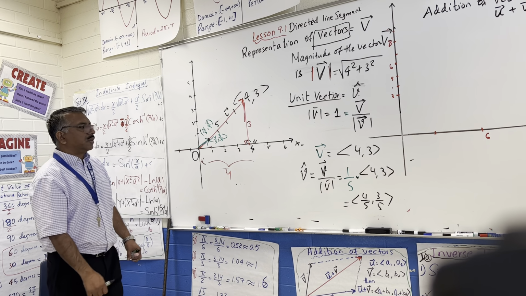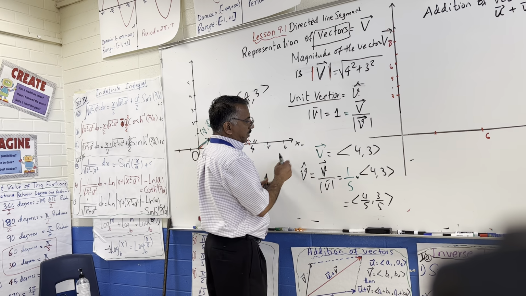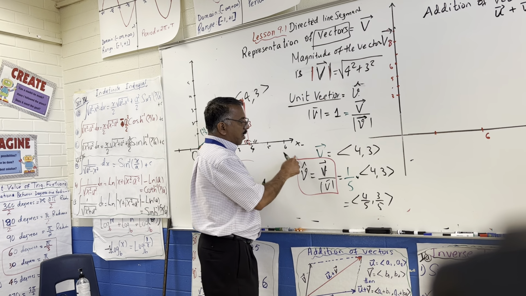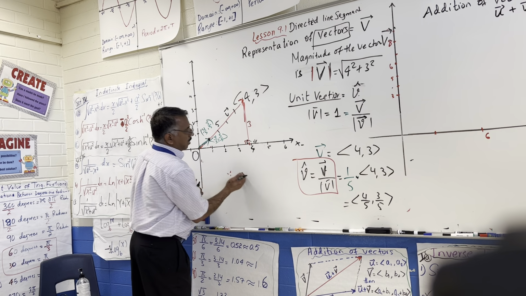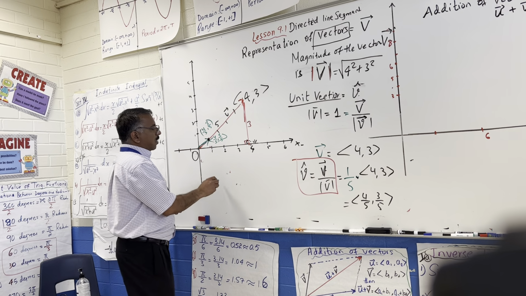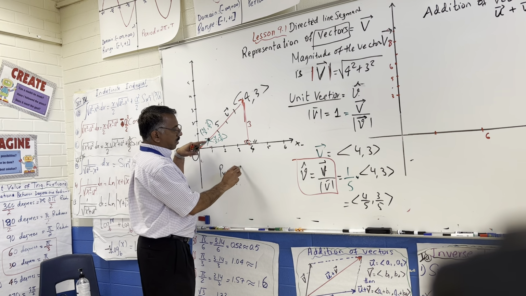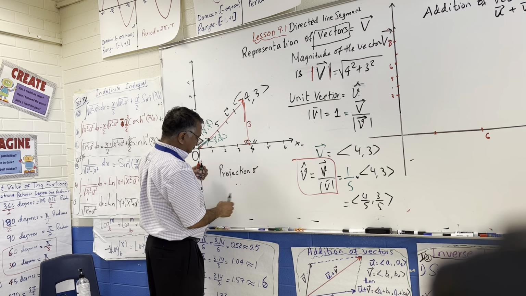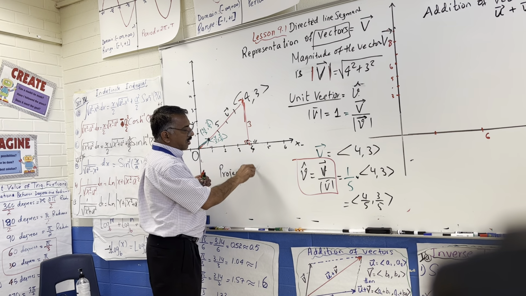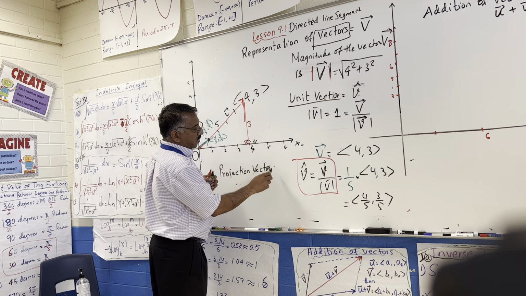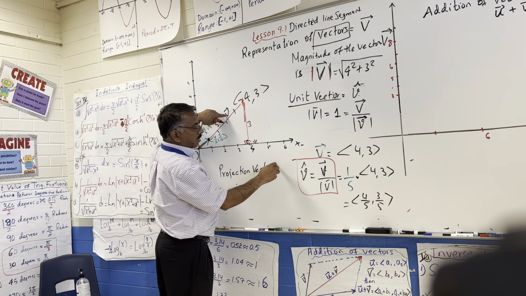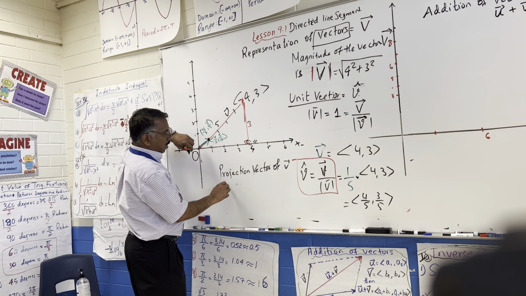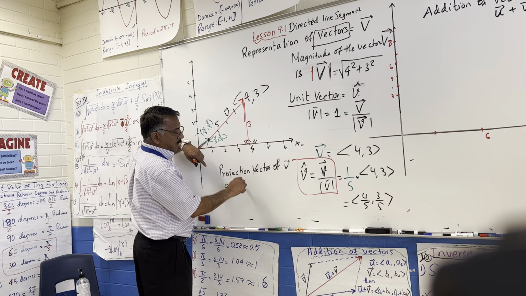I want you to get used to this symbolic notation, because very soon, in a later class, we are going to do projections. There will be the projection of this V on another vector, let's say U bar.